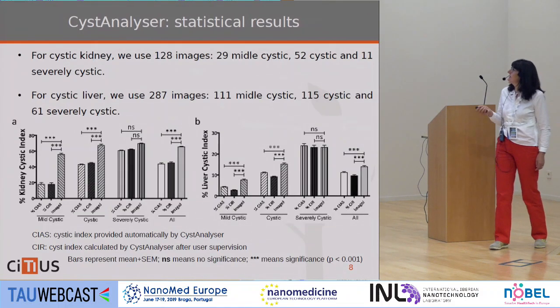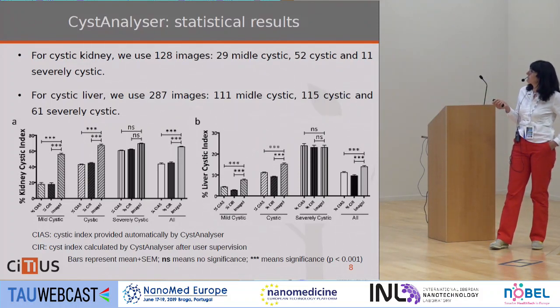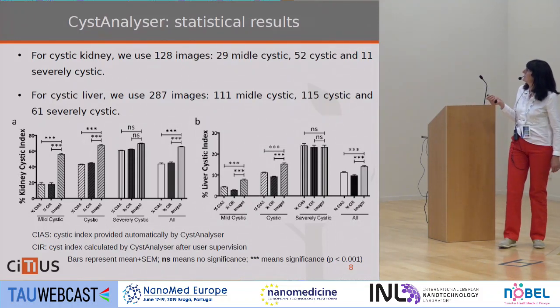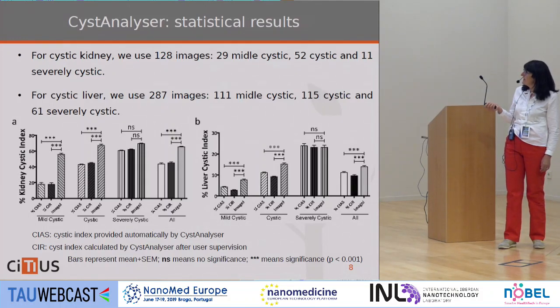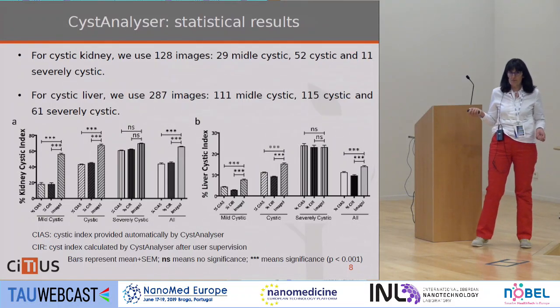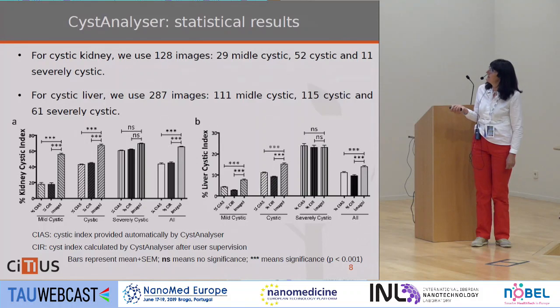We analyzed 128 images of kidney and 287 images of liver, grouped into three types: mildly cystic, cystic, and severely cystic. And we compared the results obtained by ImageJ, the CiTIUS Analyzer after supervision by an expert, and the CiTIUS Analyzer automatically.